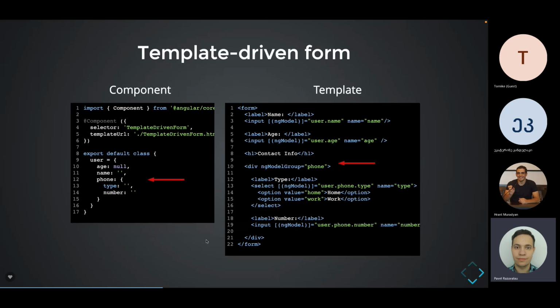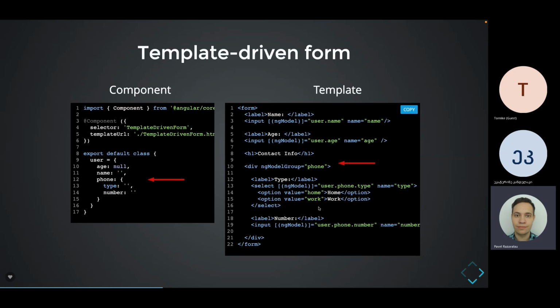With the template-driven form, we're going to add the new directive and pass the name of the property of the nested object, and all the other bindings are going to bind all these models to the properties of the object form.